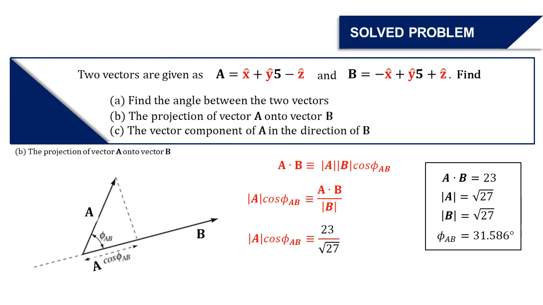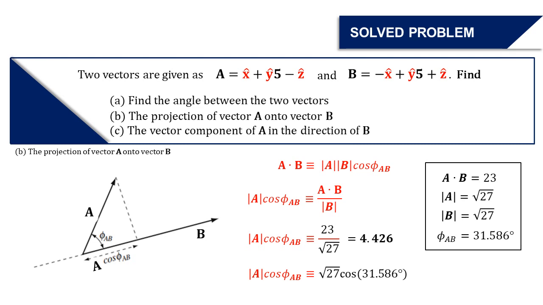Therefore, yung formula natin ng projection of vector A onto vector B becomes 23, yan yung ating dot product, 23, divided by the square root of 27, yan naman yung magnitude ni B. It is now equal to 4.426. Yan yung kanyang projection or yung magnitude ng projection ng vector A sa vector B.